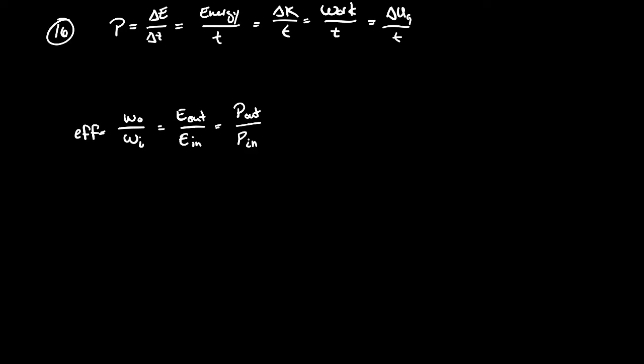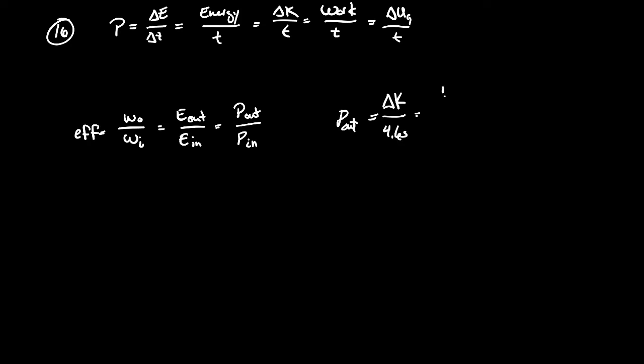So it says, what is the output power of the engine? The output power is the fact that the car had a change in kinetic energy in 4.6 seconds. To get that change in kinetic energy, you're going to have to convert the 100 kilometers an hour into meters per second, which I believe is 27.8.